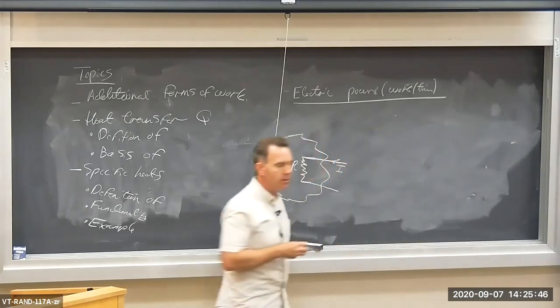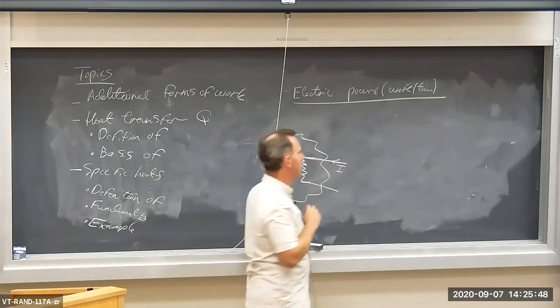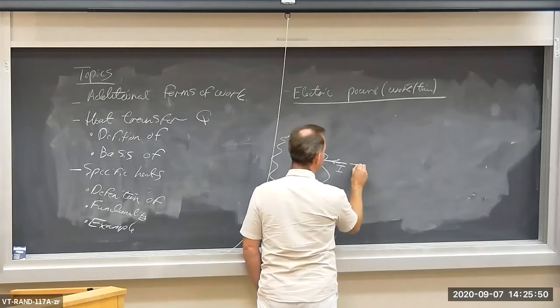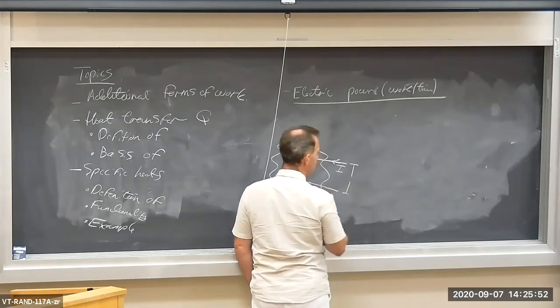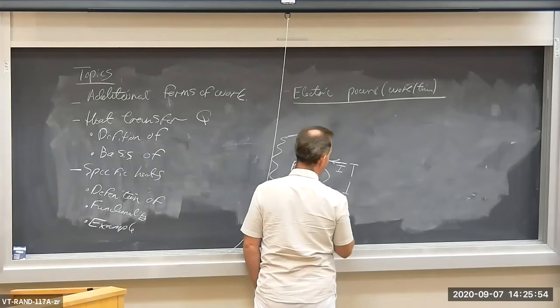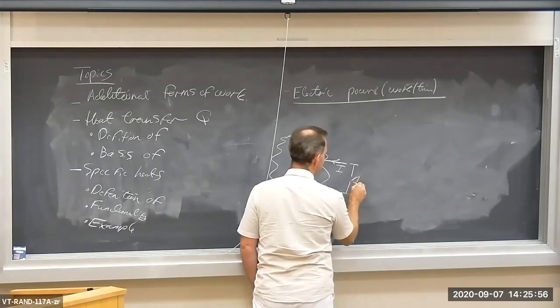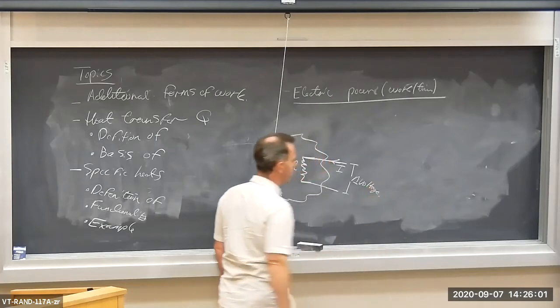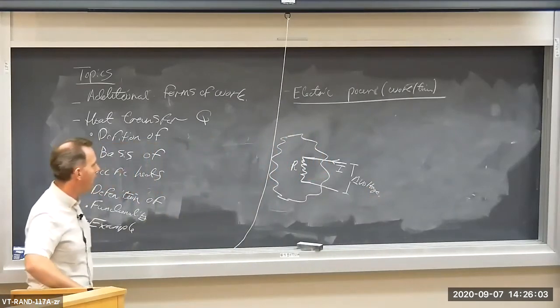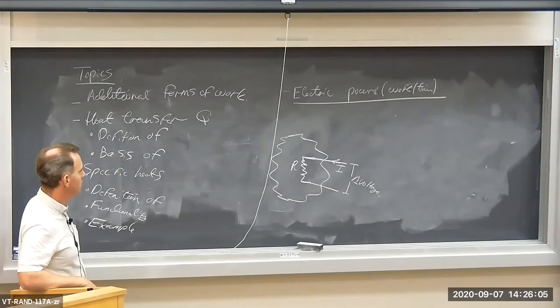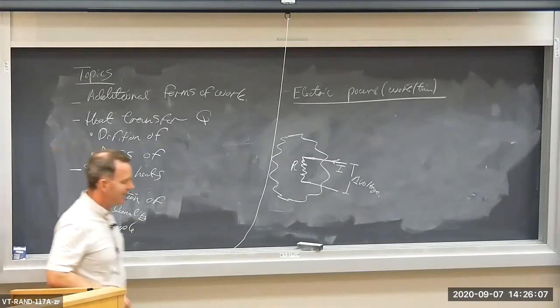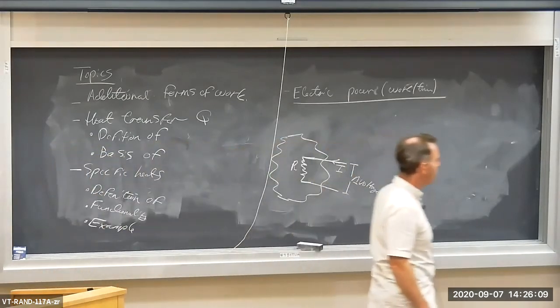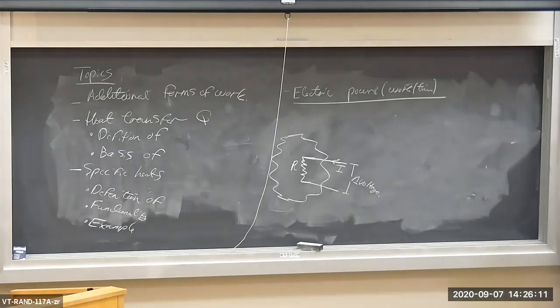And if you like, there is a voltage difference as a result of that across this resistor. So there is a delta voltage across the wire or the resistor or the device that is dissipating energy due to the current flowing through the resistance.